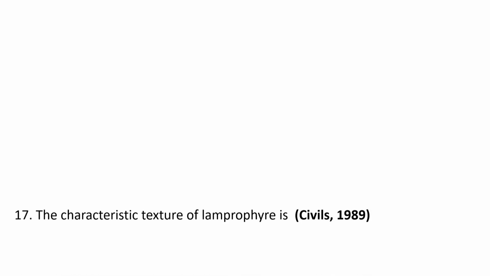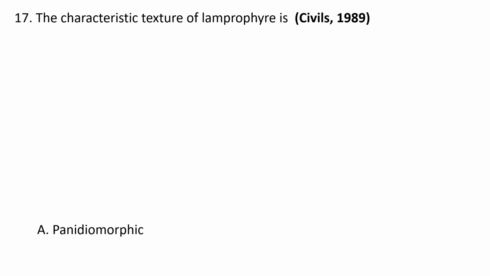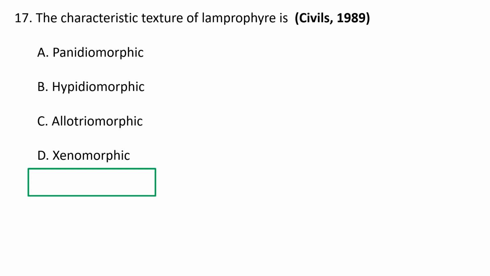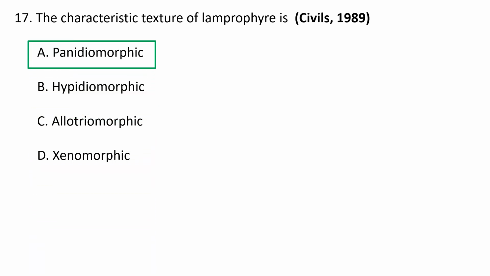Next question. The characteristic texture of a lamprophyre is A. Panidiomorphic, B. Hypidiomorphic, C. Allotriomorphic, D. Xenomorphic. The characteristic feature of a lamprophyre is panidiomorphic. The lamprophyre is characterized by a panidiomorphic texture. It is imparted by clinopyroxene, olivine, and biotite, which are set in a groundmass of feldspar and spinel.